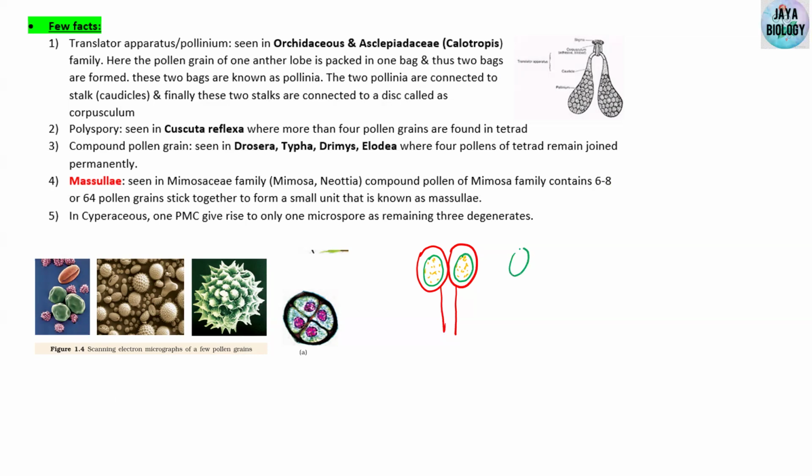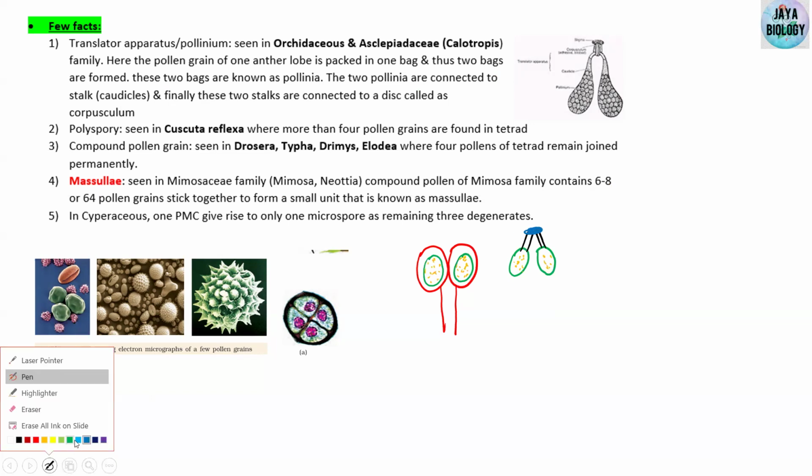So let me draw this diagram. These are the 2 pollinia. Okay, this is known as pollinia. And these 2 pollinia, what happened? Now this is a stalk-like structure, and they are attached to the disc. The stalk is known as caudicle, and the disc is known as corpusculum.